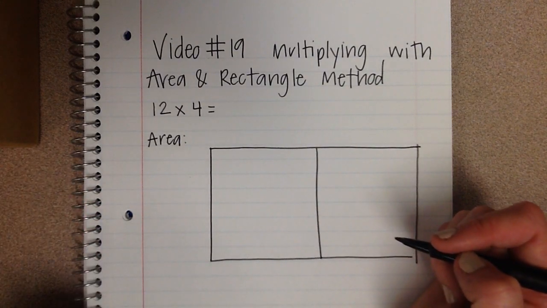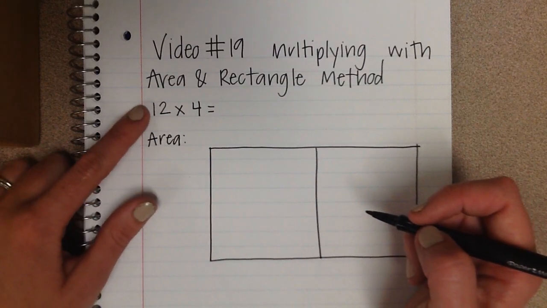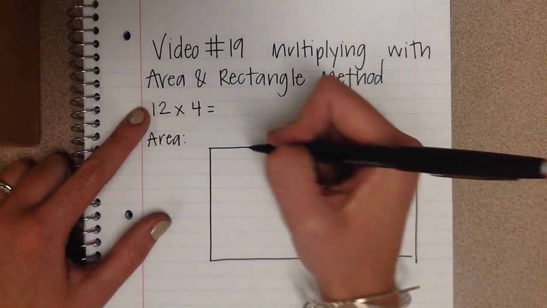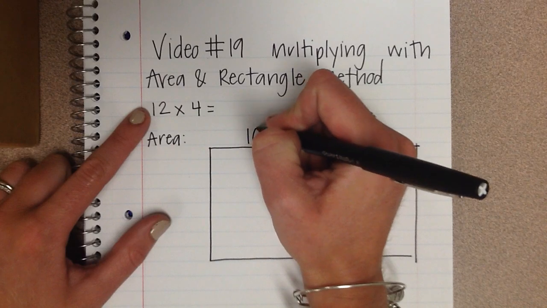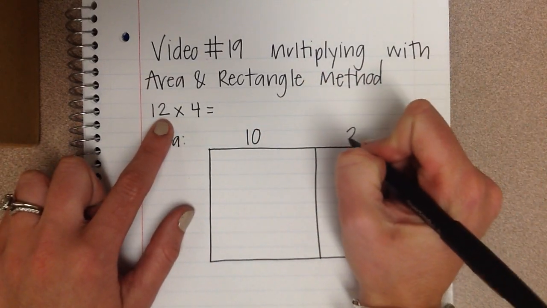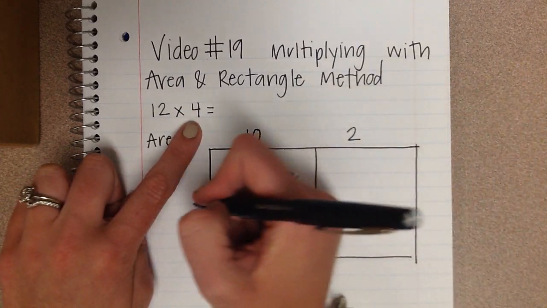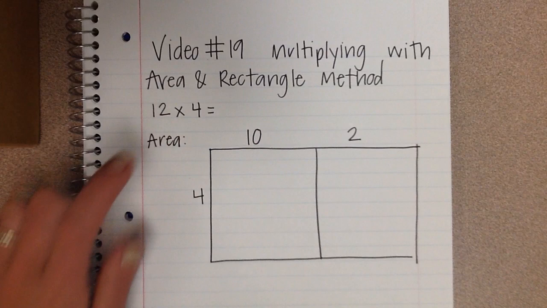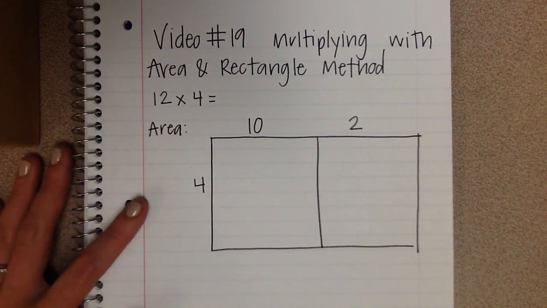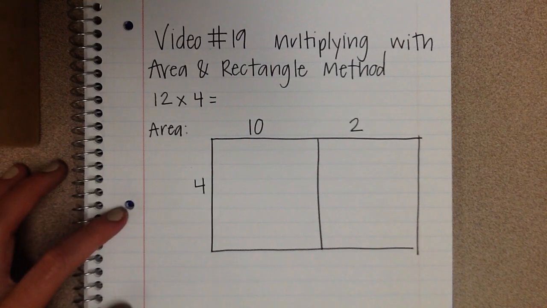Now, what's the value of that 1? The value is 10. And what's the value of that 2? It's a 2. What's the value of that 4? It's a 4.